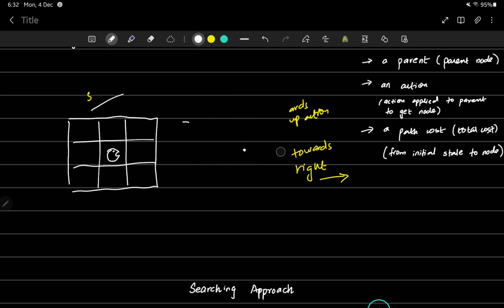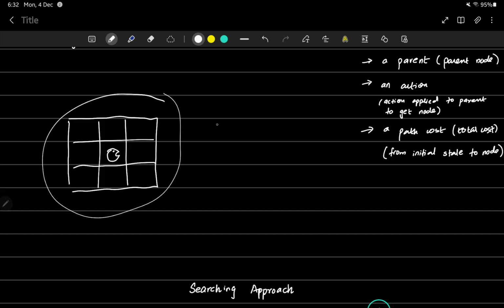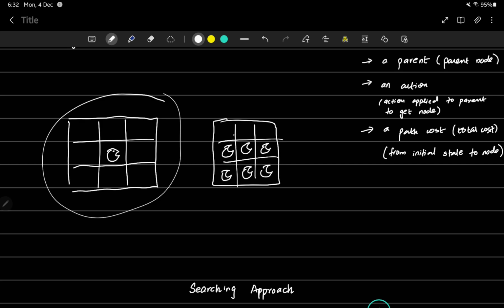If I remove all this, what can be a set of all the states in this thing? There can be a state where the agent is here, right? There can be a state where the agent is here, there can be a state where the agent is here, here, here, here, everywhere, right? So there are 9 different states.